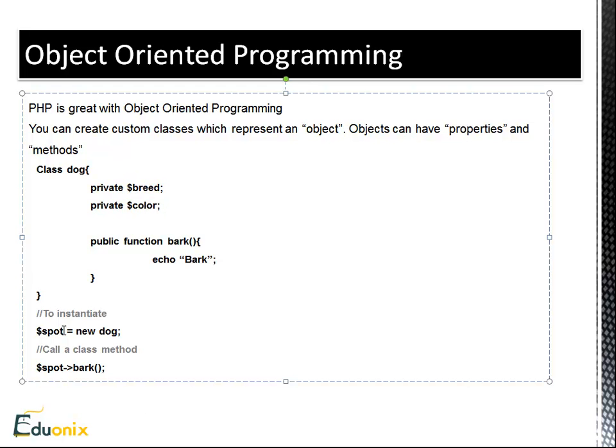So if we want to instantiate an object from a class, we would create a variable, and it would be equal to new and then the class name, which is Dog. And then to call a method, we could use the variable and then the dash and then a greater than and then the method name. So this is how we would call the bark function or method.